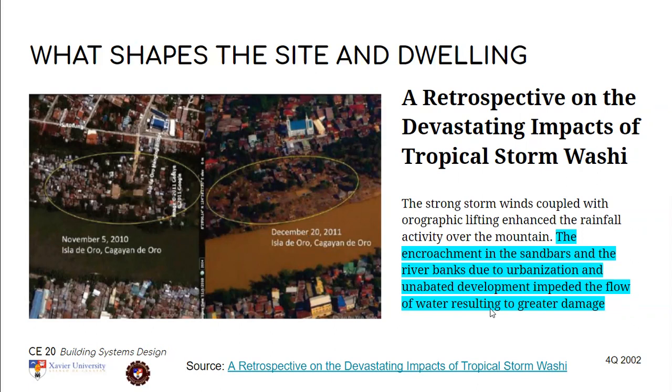And so site planning is quite important for you to properly situate your proposed home design away from these hazards, so that when flooding comes, the structure will not be subjected to flooding.